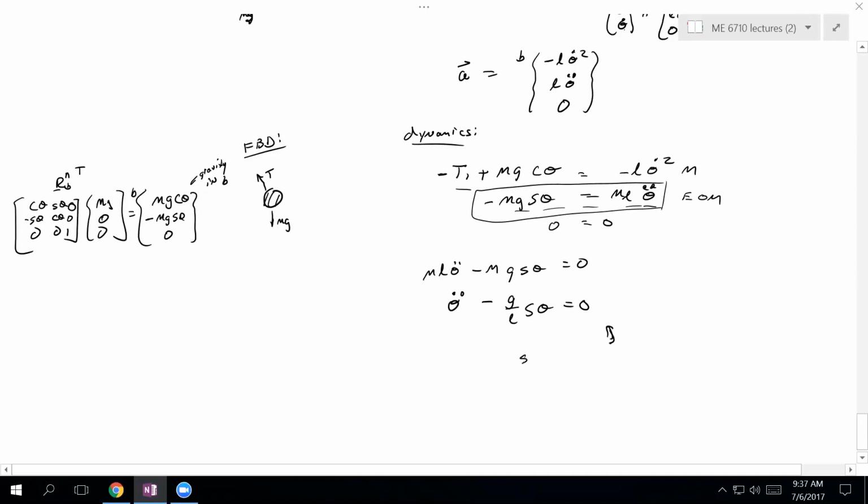Well, we always say small angles, and we make the small angle assumption, so we get theta double dot minus g over L theta equals 0. That's now a linear differential equation. We can solve it. We frankly just solved it, and we get that particular motion. We get the motion that we saw above, that constant oscillation motion. So it just sits there and swings forever.